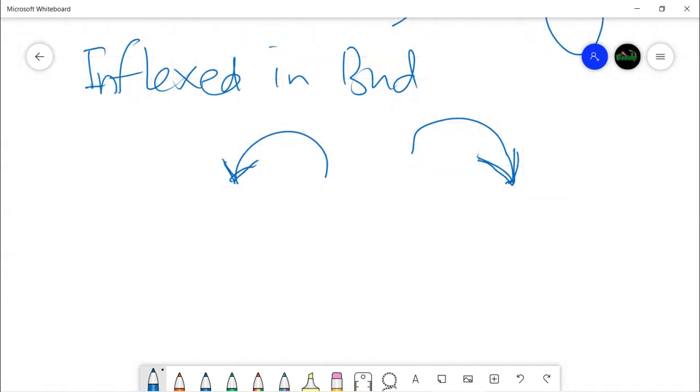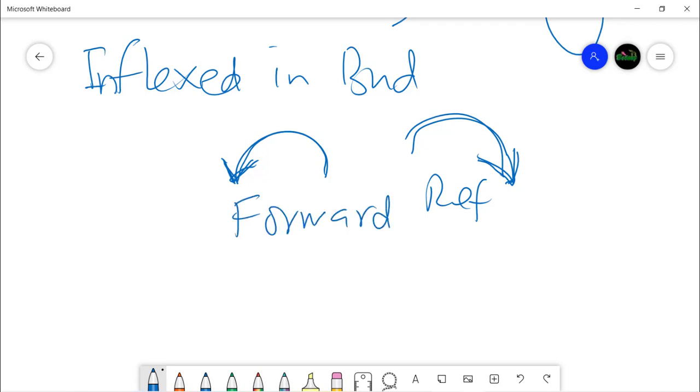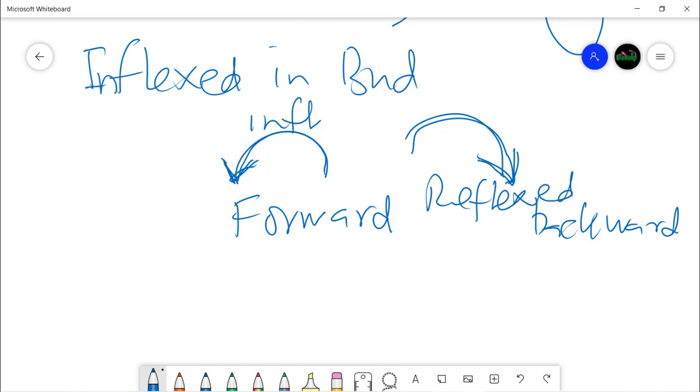So now you can get the idea that this is reflexed, bent backward or downward, but this is bent forward. The main difference is their direction. So this is forward and this is backward. This is reflexed and this is inflexed.